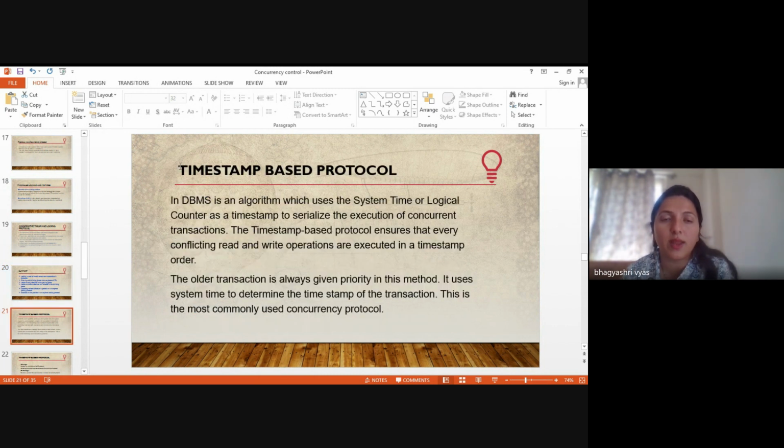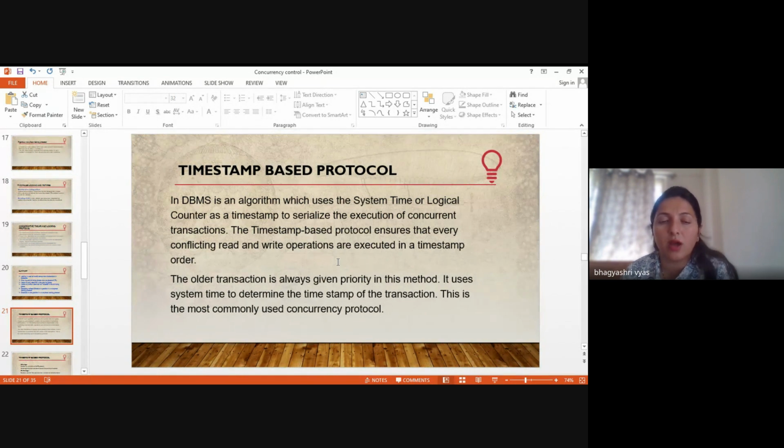So the next one is the timestamp based protocol. In DBMS, this algorithm uses the system time or a logical time as a timestamp to serialize the execution of concurrent transactions. The timestamp based protocol ensures every conflicting read and write operation is executed in timestamp order.